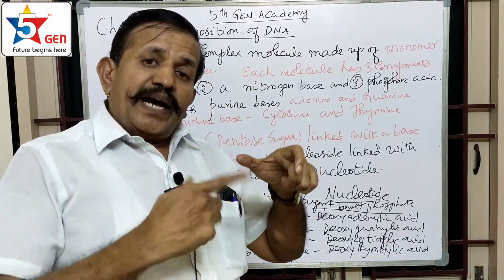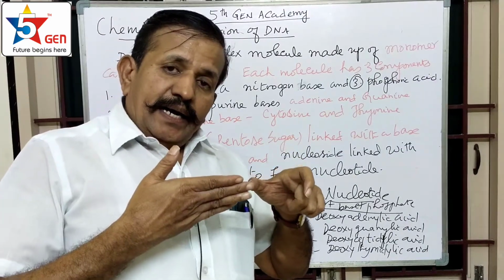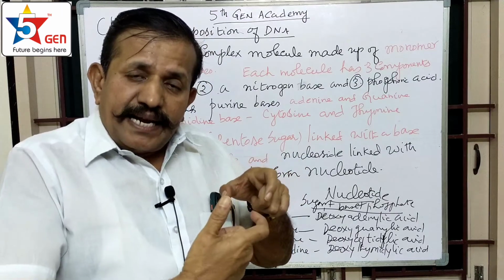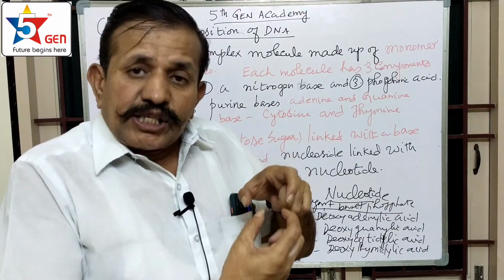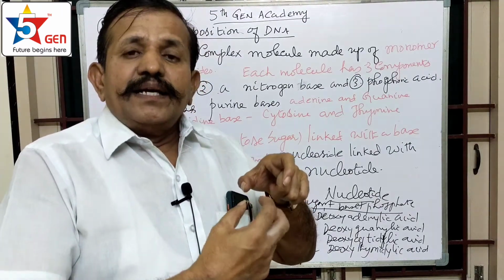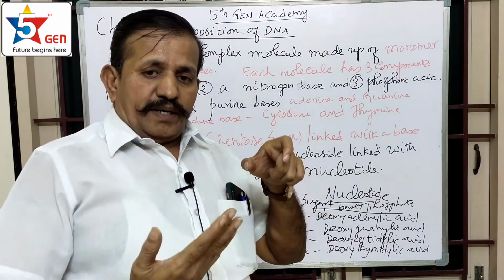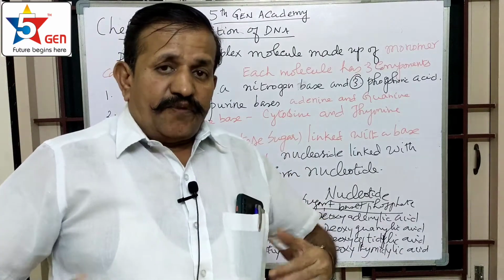Inside the DNA, these bases are linked with the help of hydrogen bonds, and the base is attached to the sugar by a glycosidic bond. We will see this in more detail later.